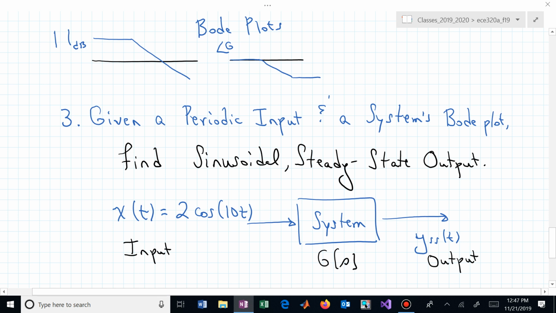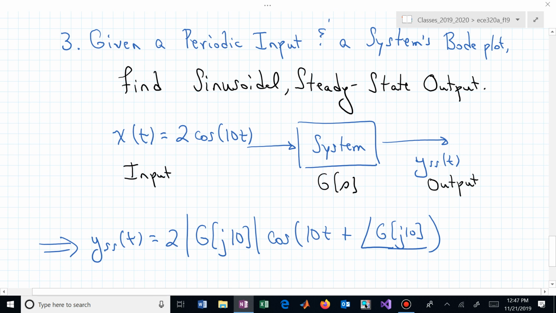In fact, it works out, and this is in some of the other material that's available to you. You can, and it's in your book, I'm pretty sure, do the inverse Laplace transform on capital X of S times G of S and examine capital Y of S and say, oh, most of this is transient behavior.